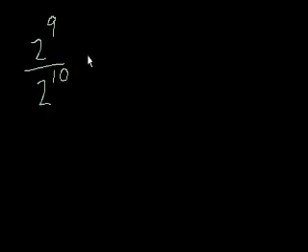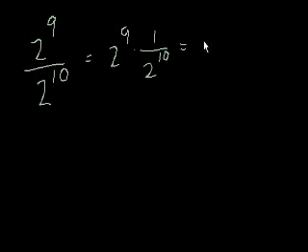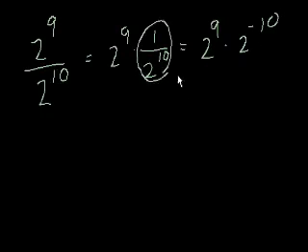Well, this is also the same thing as 2 to the 9th times 1 over 2 to the 10th, right? And you could rewrite this as 2 to the 9th times 2 to the negative 10, right? All I did is I took 1 over 2 to the 10, and I flipped it, and I made the exponent negative. And I think you know that already from level 2 exponents.